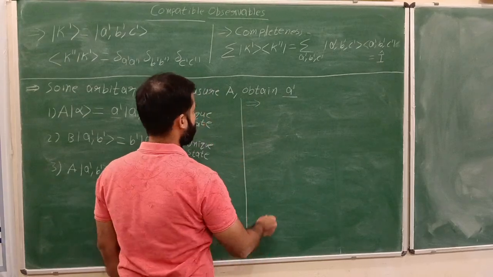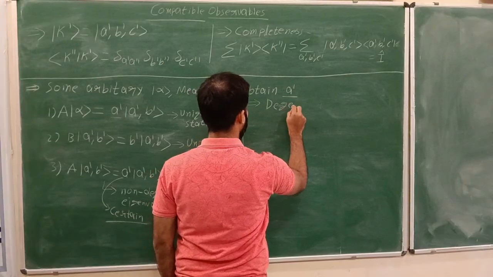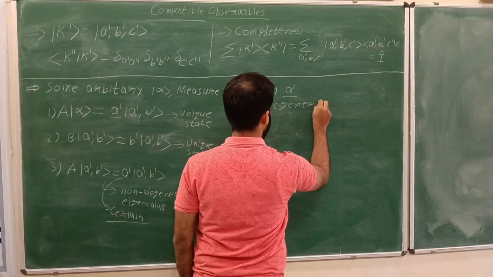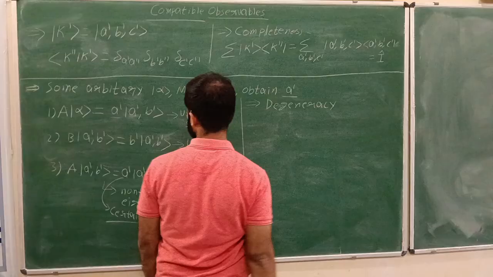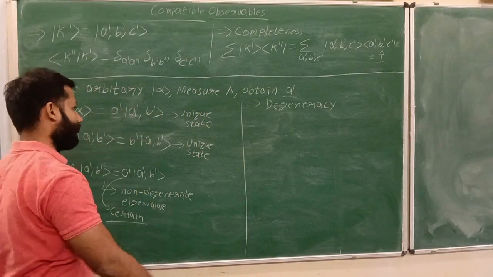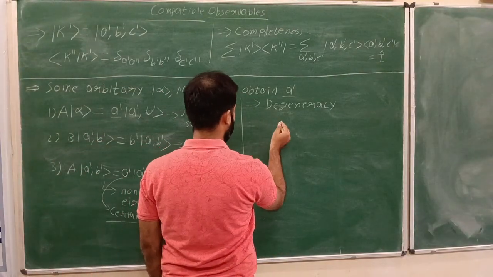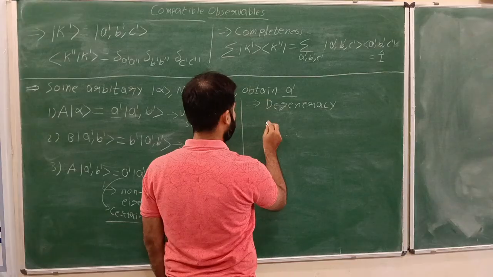Now suppose there is degeneration. Let's say in this state there is degeneration. So when we make a first measurement, what will happen? The state will not be unique.